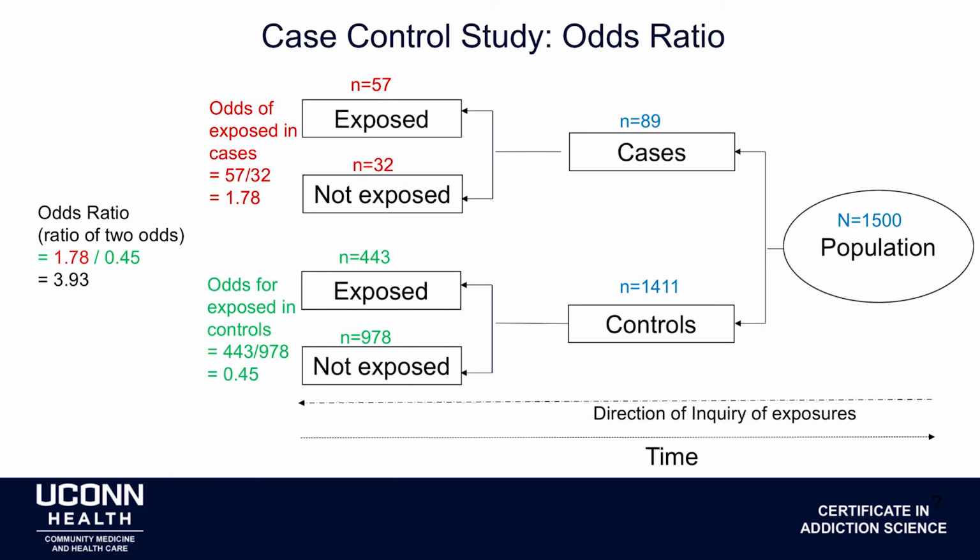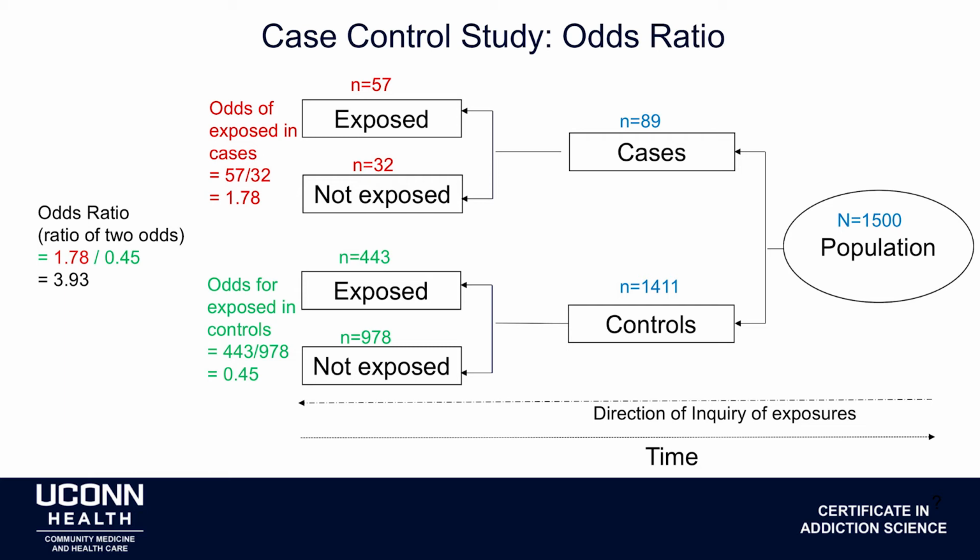So come back to looking at the case control study. In a case control study, we know the cases. We know the people who already developed the disease. Now we try to identify exposure. So we have a total population of 1,500. We have 89 cases in this population who developed alcohol use disorder.